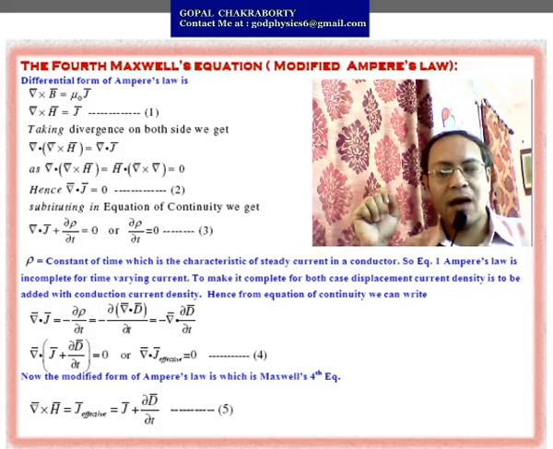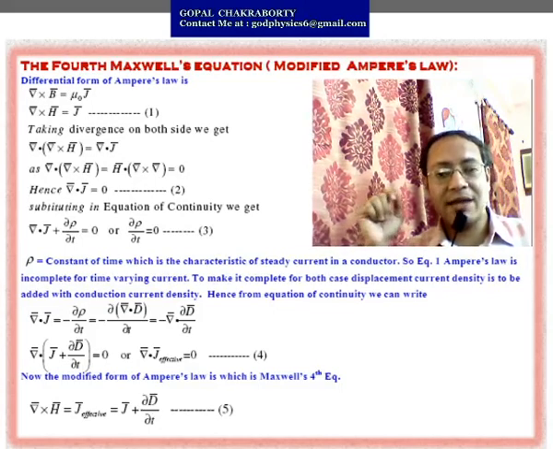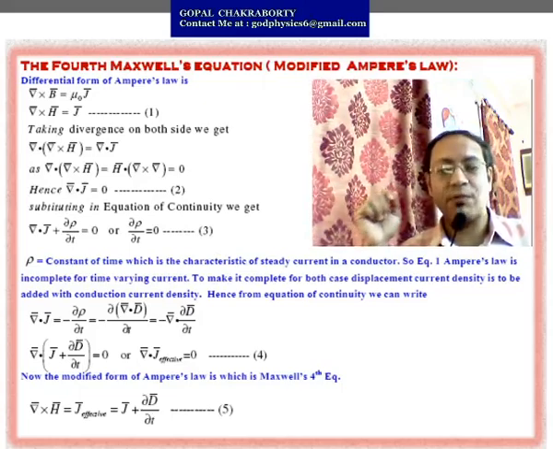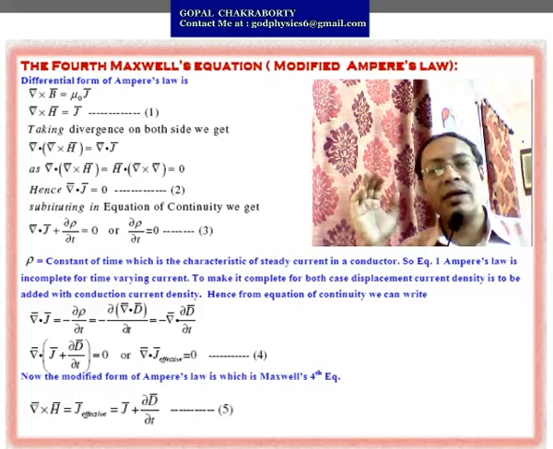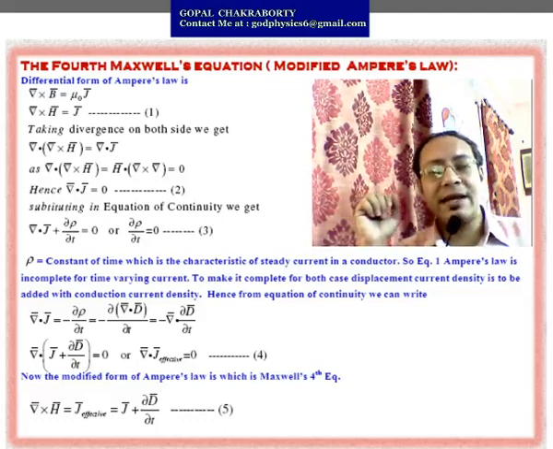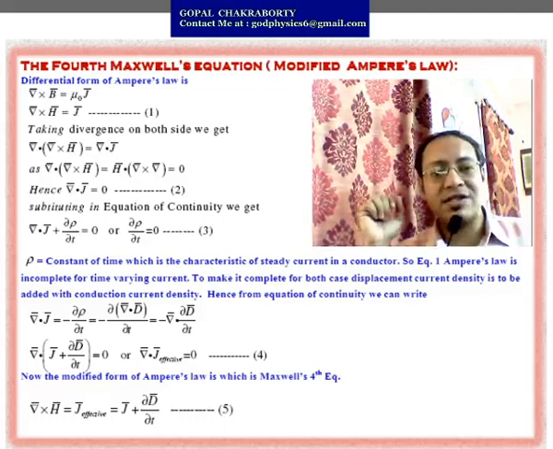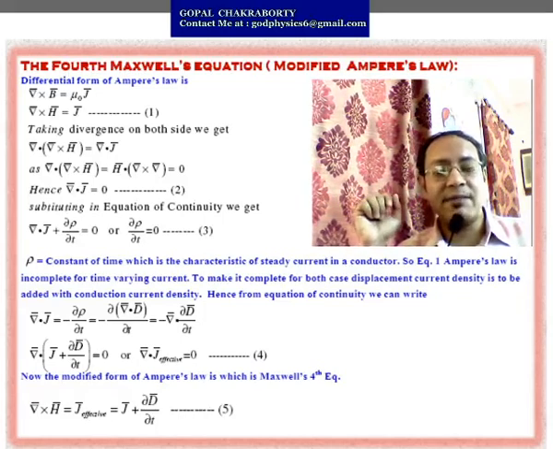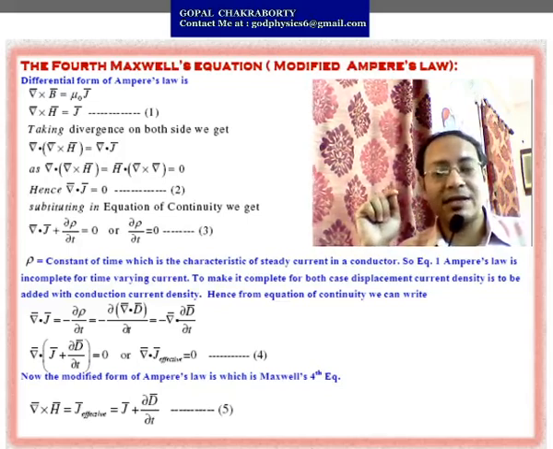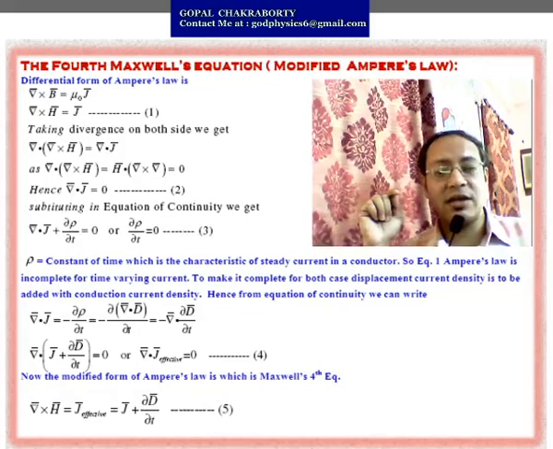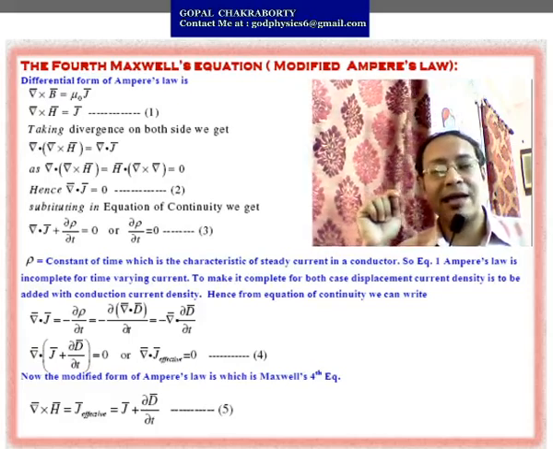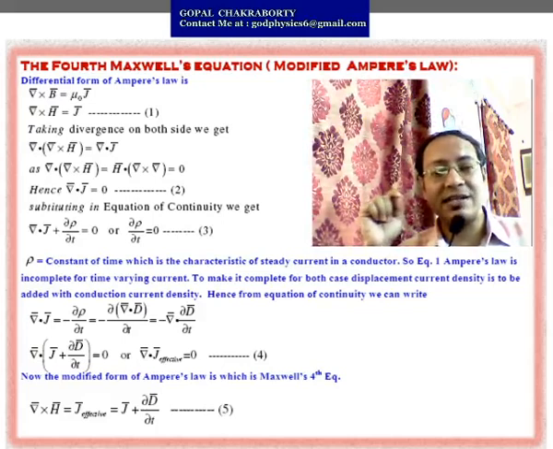Now I will derive the modified form of Ampere's law, which is the fourth Maxwell's equation. It means that in the general form of Ampere's law, some deficit is there. This law is valid only for a particular case. For the general case, you can't apply Ampere's law. You can apply Ampere's law only for steady state conditions.